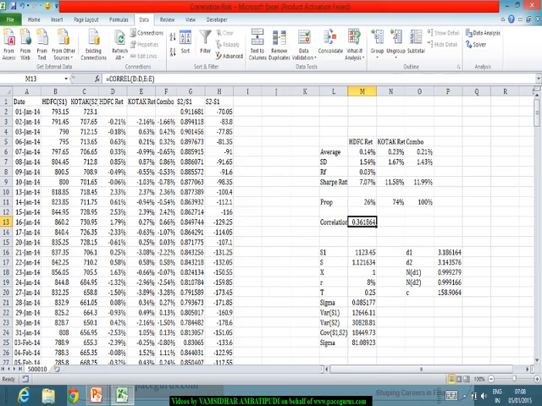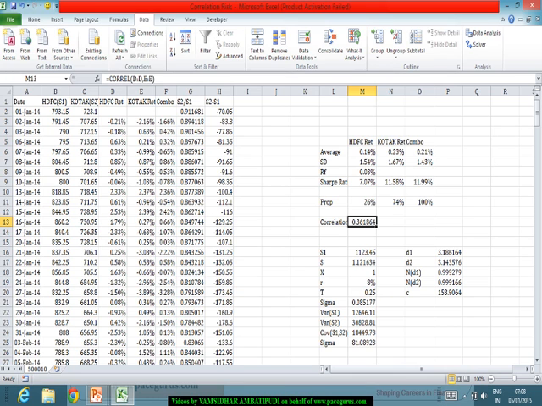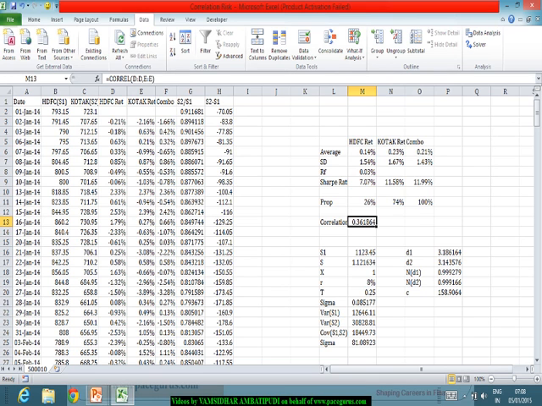Now if I want to really look at the correlation swap here, the correlation between the two is 0.36. So let's say I will exchange it for a fixed 0.36, but I want to go on a variable note.